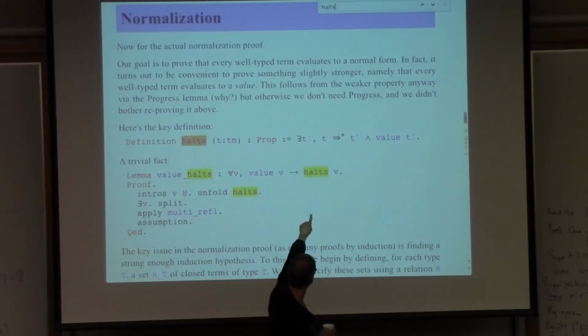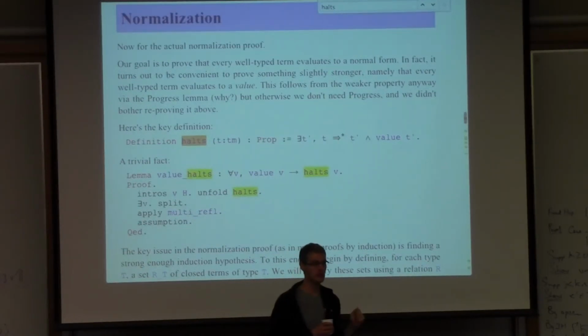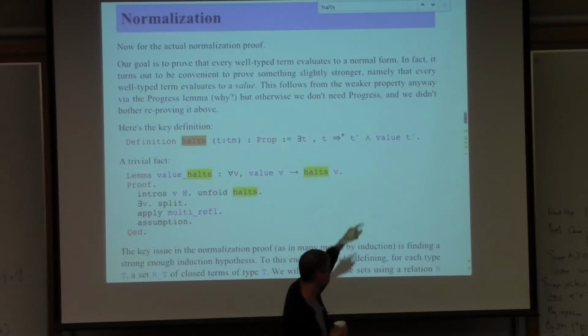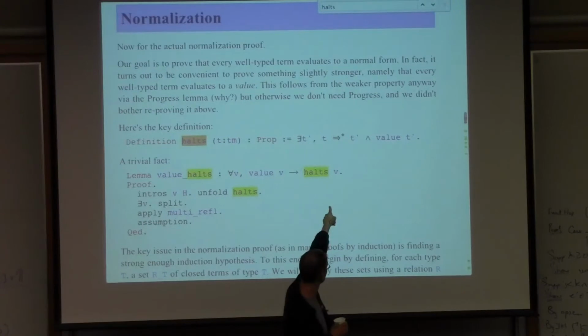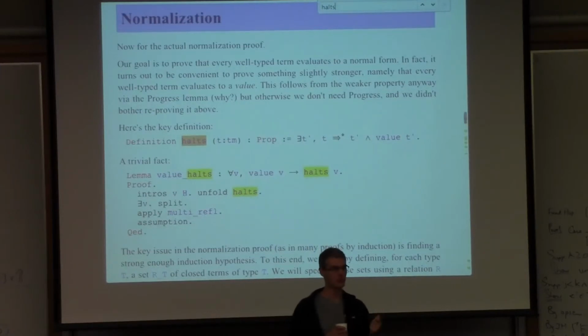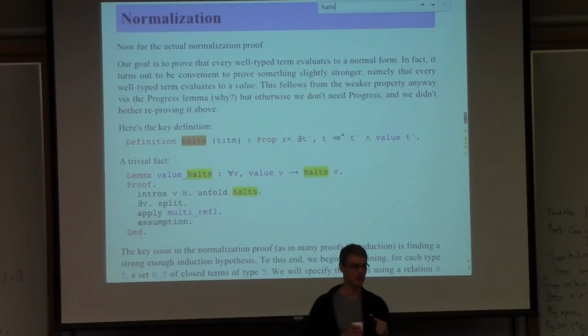Well, it's a triple, basically. It's a term T prime, a proof, a derivation that T prime is derivable from T by the step relation, and a proof that T prime is a value. So if you ignore the second and third parts, what it gives you is T prime, the value that you get from evaluating T.